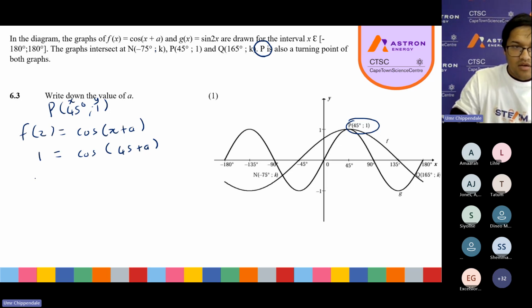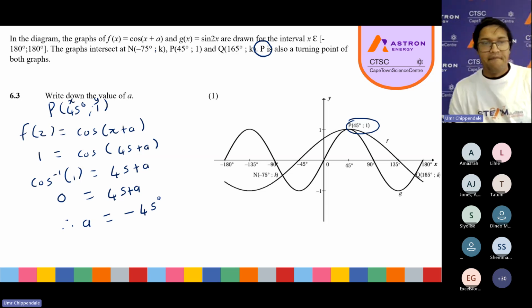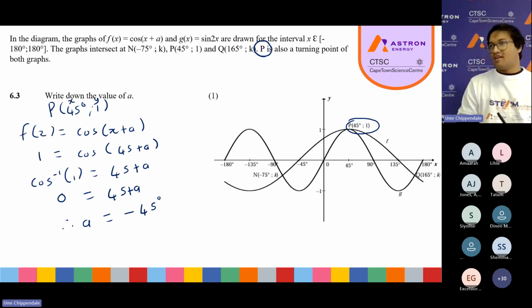So it's going to be cos inverse of 1 is equal to 45 plus A. Then cos inverse of 1 is always going to be 0, and that's equal to 45 plus A. And now that therefore means A is going to equal negative 45 degrees. And that's how we get the value of A.